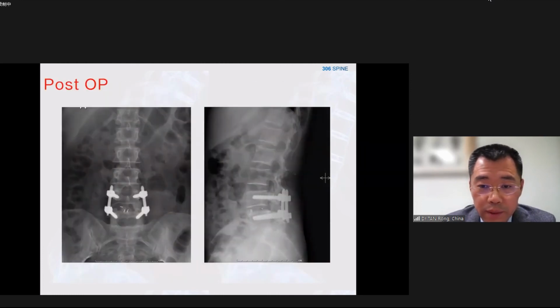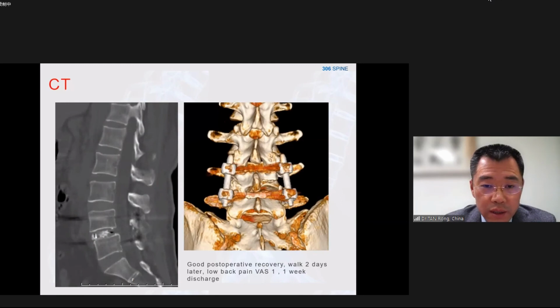Post-operative imaging shows that the alignment is good and the instrument is in a good position. The CT scan shows that maybe the bone graft at L4-5 is not enough, but the patient did very well, and the low back pain was gone after the operation.